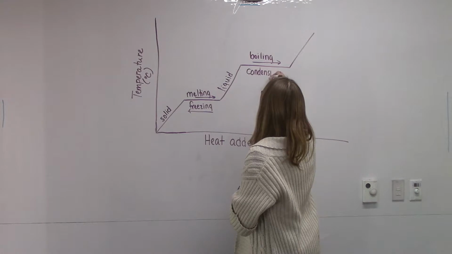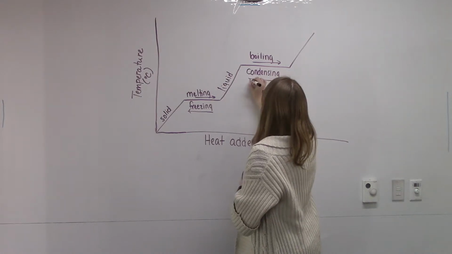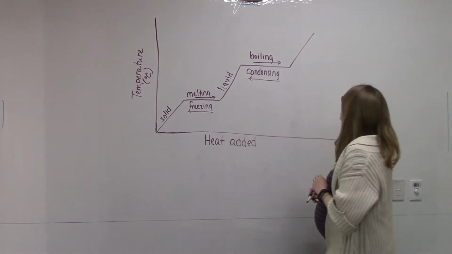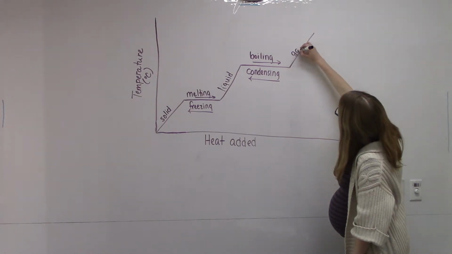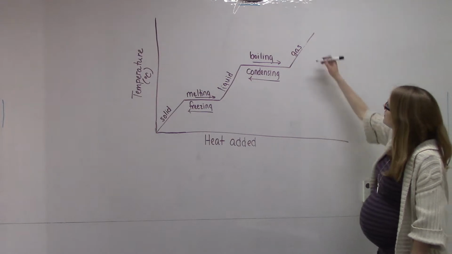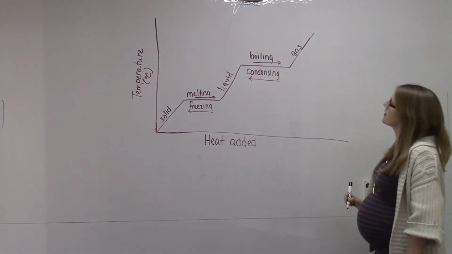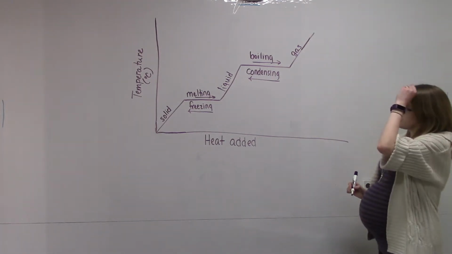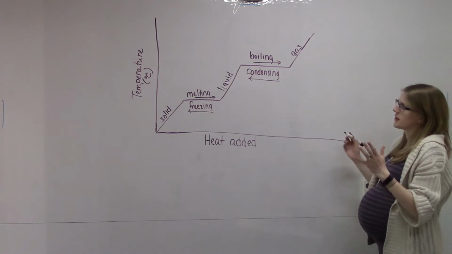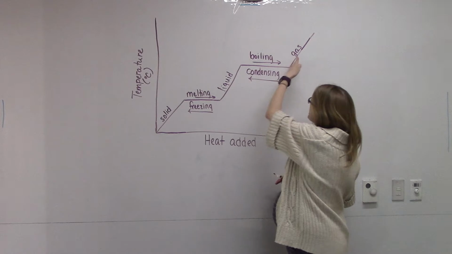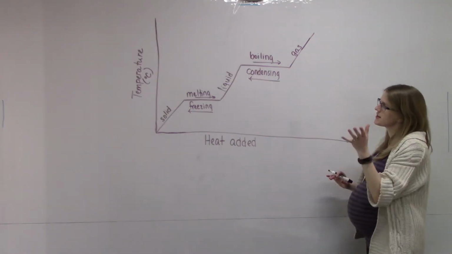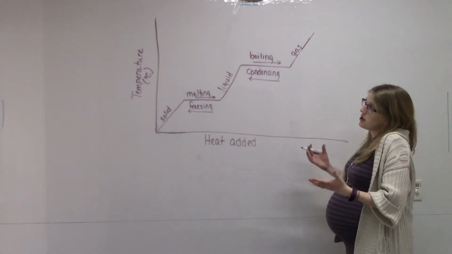That would be condensing. So if it's cooling, it's condensing at that point. Then, once it's boiled, at that point, it's a gas. So, from now on, you've got to know solid, melting, liquid, boiling, gas. This is how all heating curves are going to look.